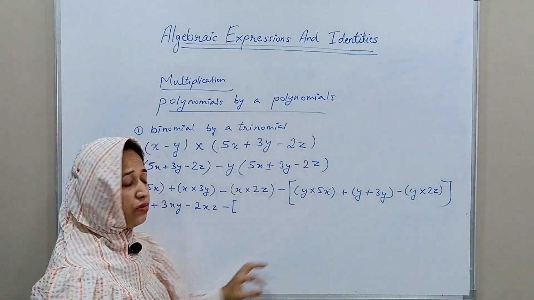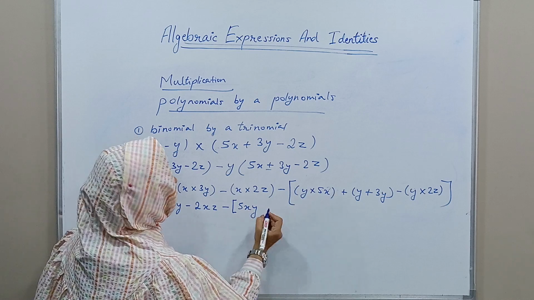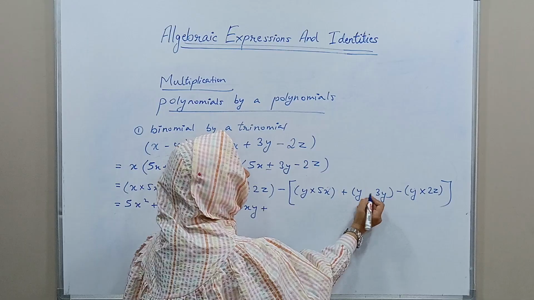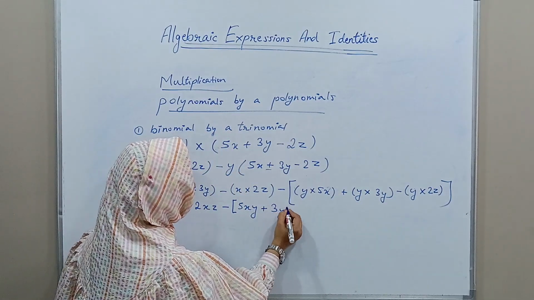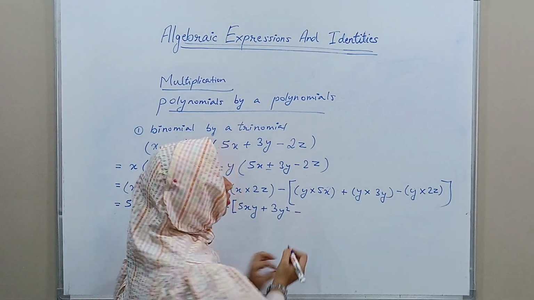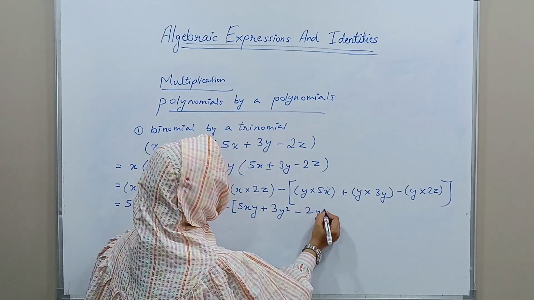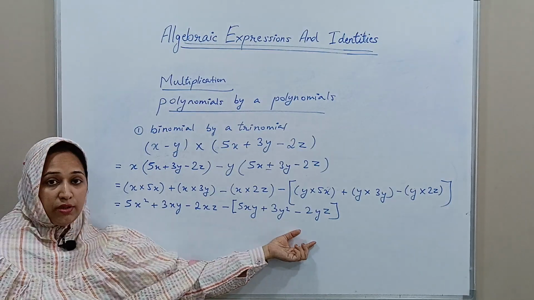Now y into 5x is 5xy, then plus y into 3y is 3y square. Then you have a minus sign, so minus y into 2z is 2yz. Now what we have to do is open this bracket.